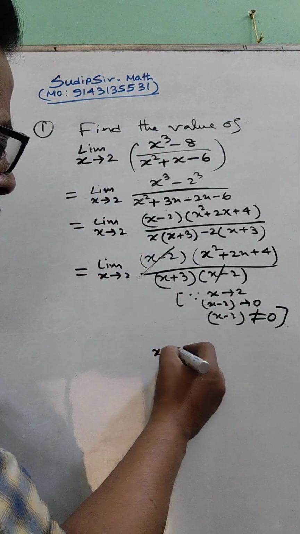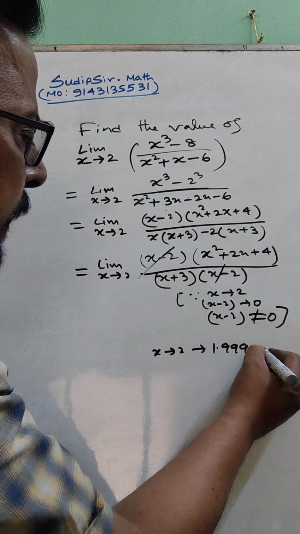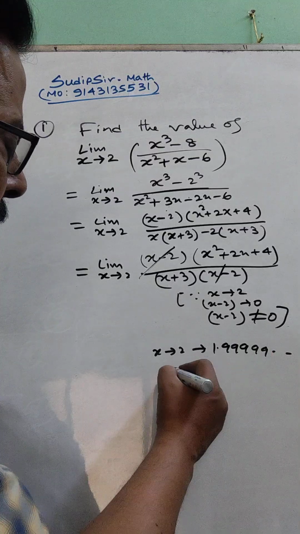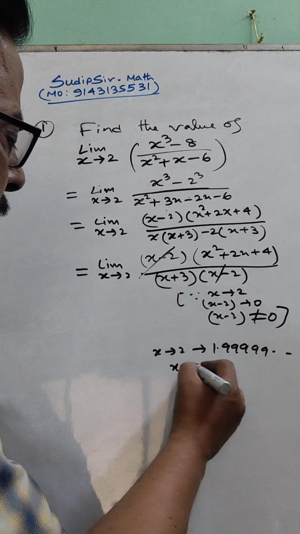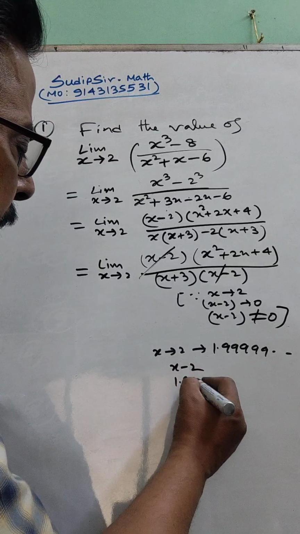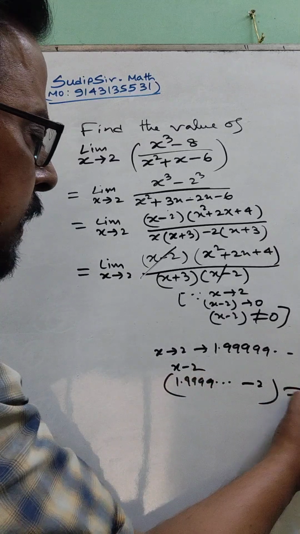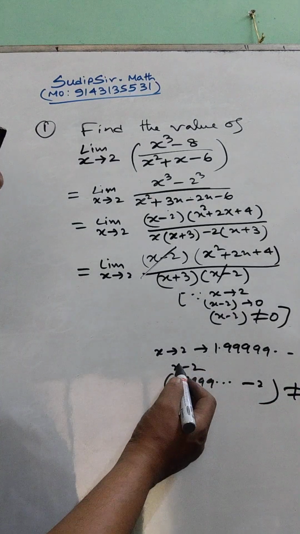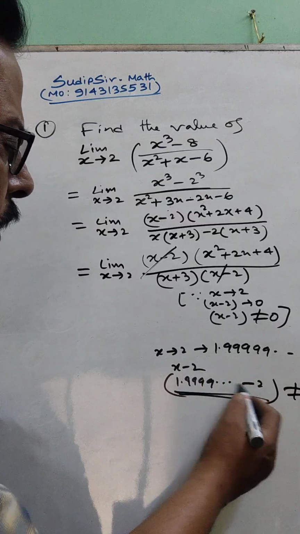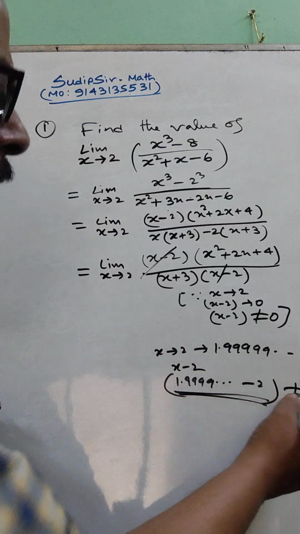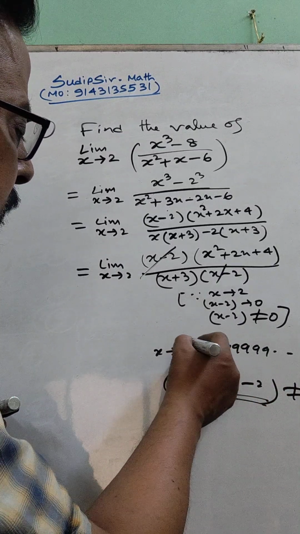Because x tends to 2, we can assume 1.999, very near to 2. In that case, x minus 2, that is 1.9999, whatever it is, this is not equal to 0. This is the left hand approach.